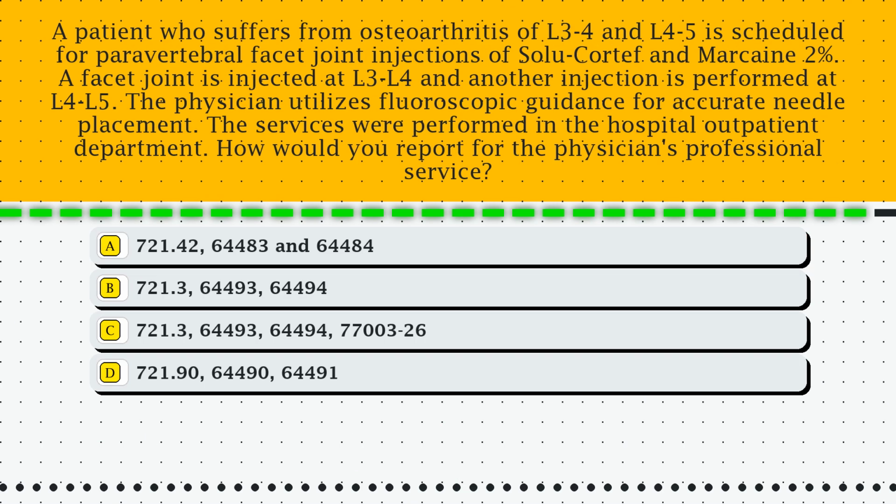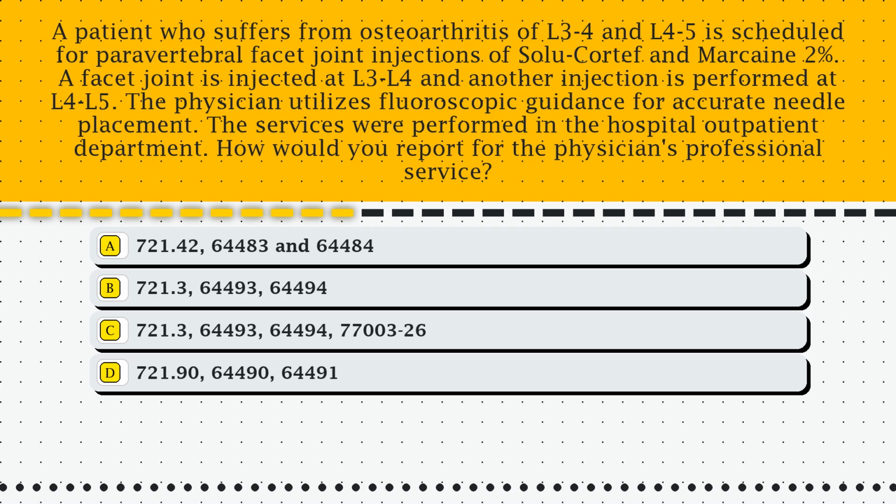Question 90. A patient who suffers from osteoarthritis of L3-4 and L4-5 is scheduled for paravertebral facet joint injections of Solocortef and Marcaine 2%. A facet joint is injected at L3-L4 and another injection is performed at L4-L5. The physician utilizes fluoroscopic guidance for accurate needle placement. The services were performed in the hospital outpatient department. How would you report for the physician's professional service? Option A, 721.42, 64,483 and 64,484.